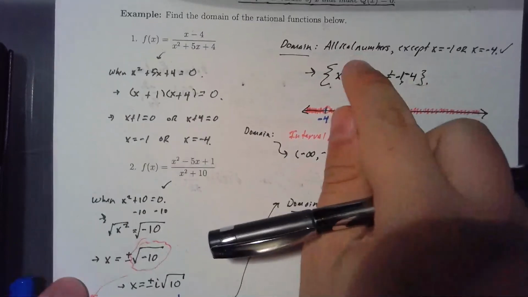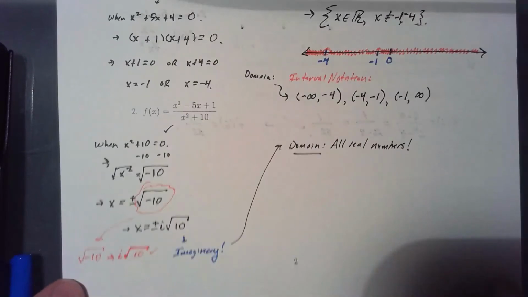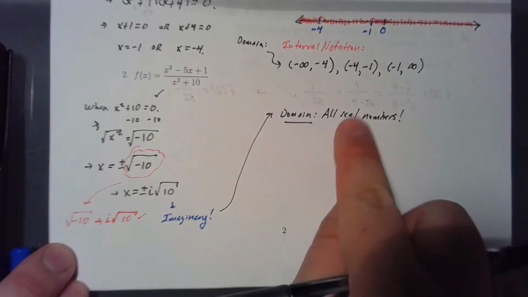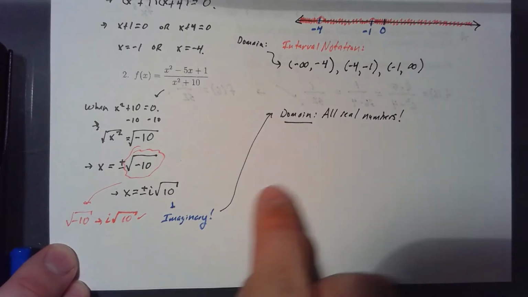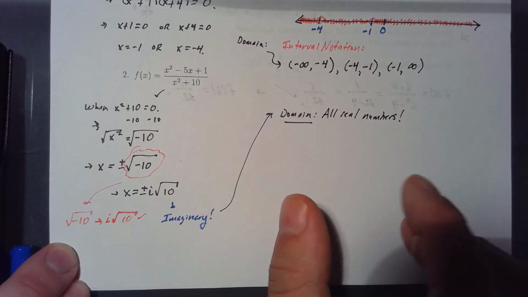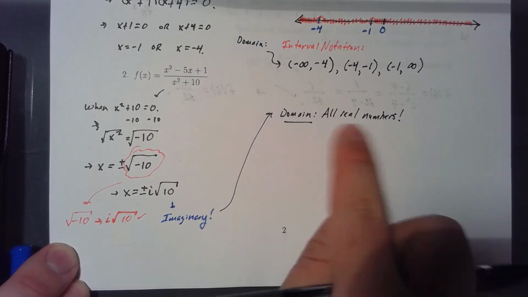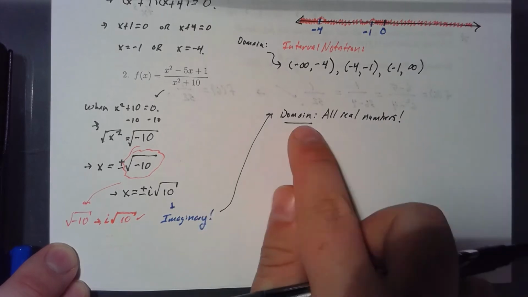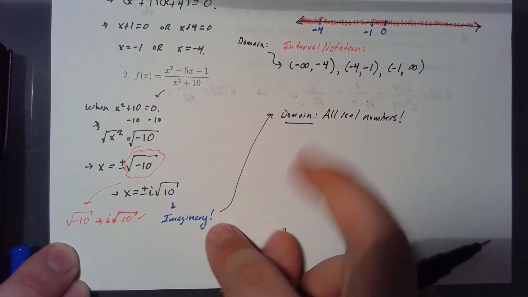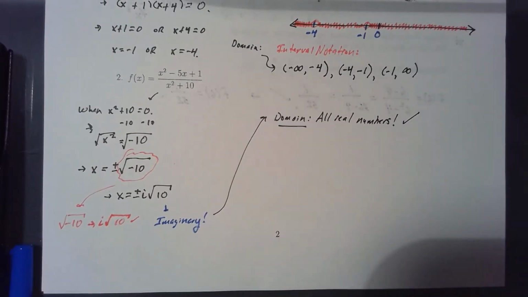Remember, we assume that the domain is all real numbers, then we take away the bad points. But let's think about this. If I start with all real numbers, and I remove the bad points, which are imaginary numbers, what do you get when you remove imaginary numbers from real numbers? There's nothing that changes. You still have all real numbers, because these are two different sets of numbers. That's why the domain is all real numbers.